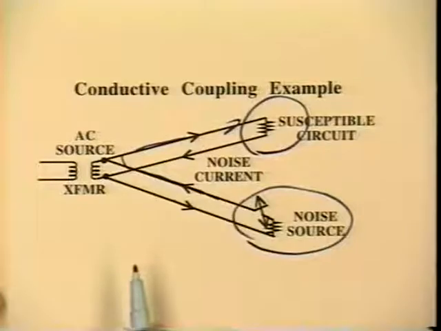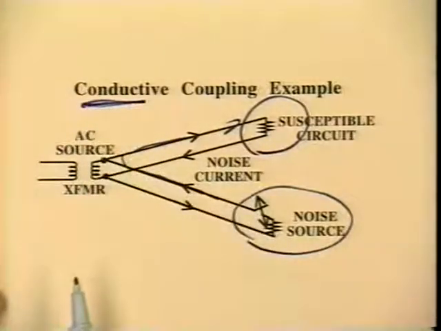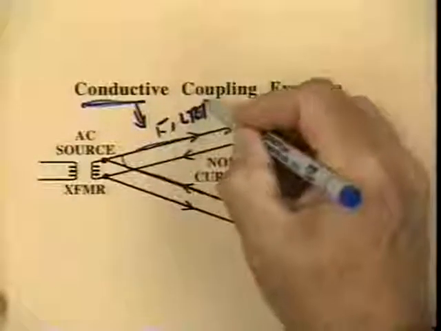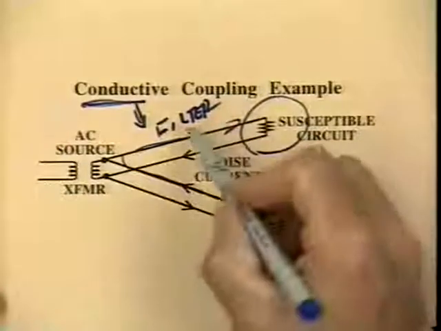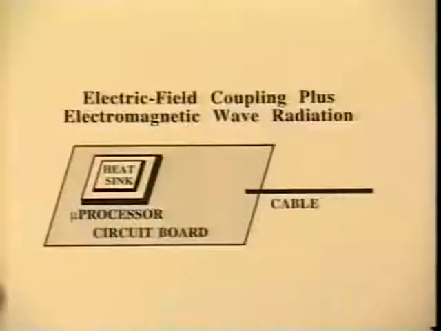If we can prove that that is the problem, then that's a conductively coupled problem. And we're going to see that the way we fix that is with some kind of filter. Now we have an entire session devoted to filtering later. There are frequency selective filters, surge suppressing filters, and so on. We'll have to do a little discussion about what kind of filter to put on there. But if we know it's a conduction problem, we know to use a filter.